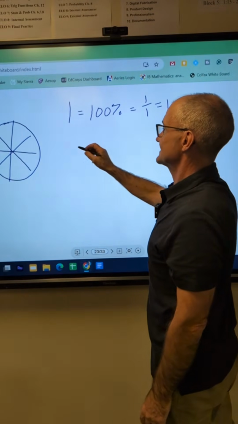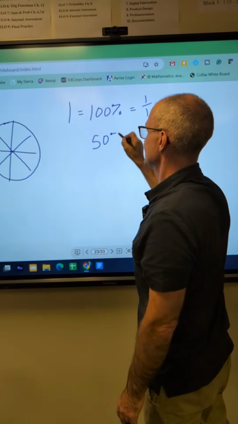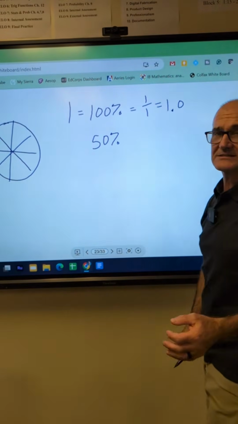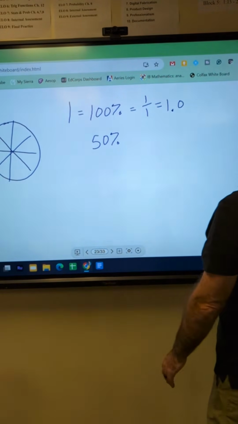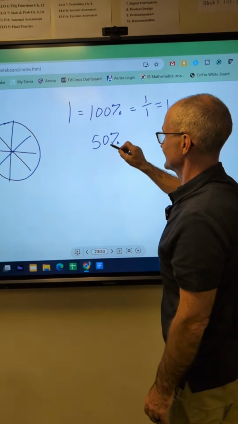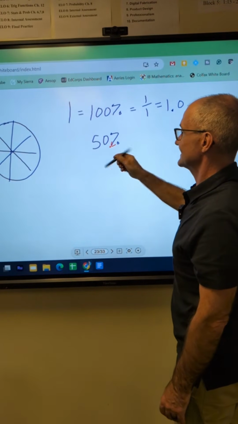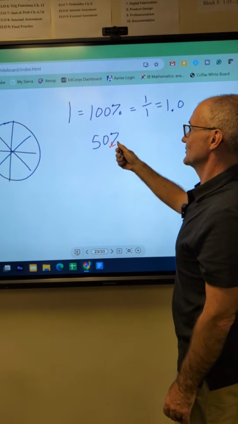If I have like 50%, and I want to convert that into a decimal, this is my little trick I remember it by. I've been doing this forever. I think of this thing as like a little arrow. The decimal is here. That arrow is saying take that little dot and move it over 1, 2 places.